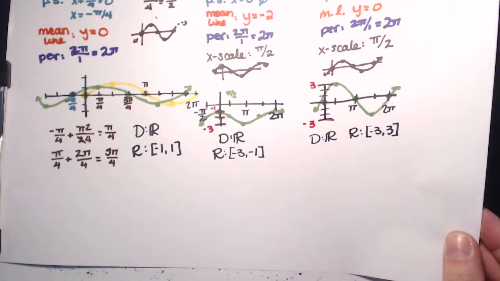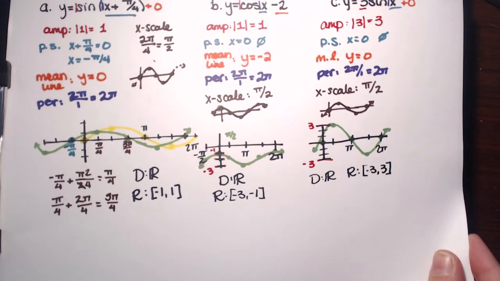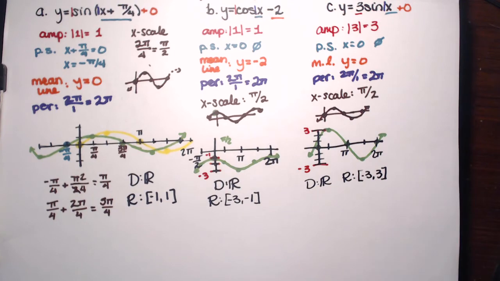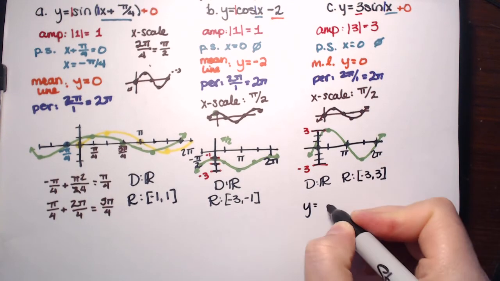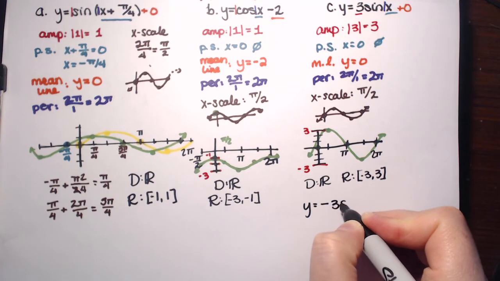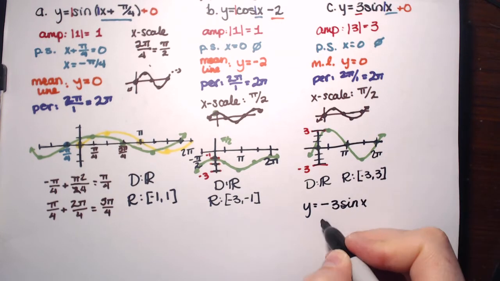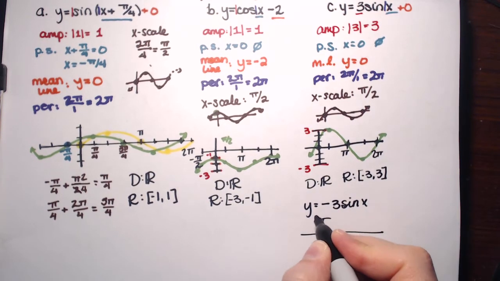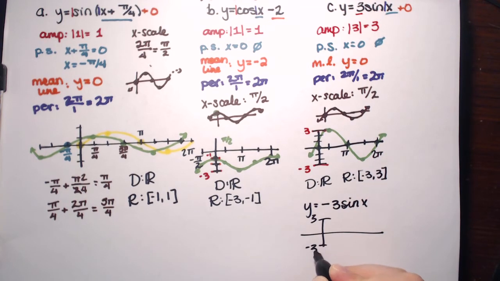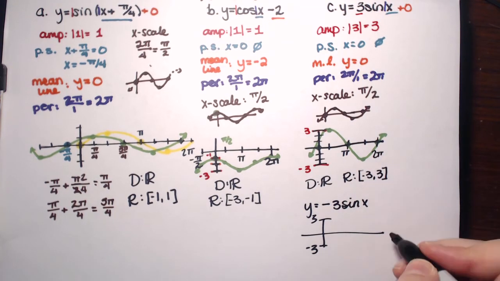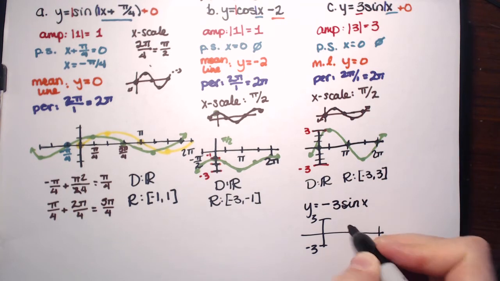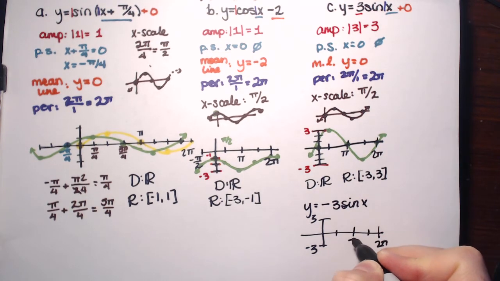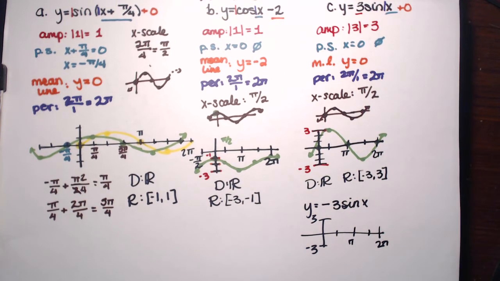Let's kind of scoot this up. Let's see if I can get a little bit in there. If this had been a negative, how that would change, you still have 3 and -3 as maximum values. The period is still 2 pi. So we're still stepping by pi halves.